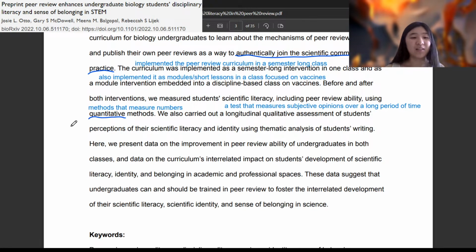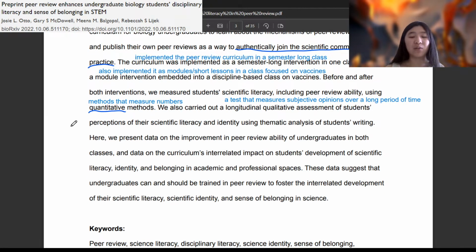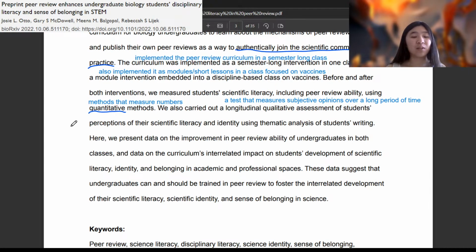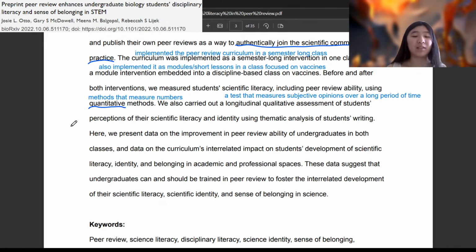So we also carried out a longitudinal qualitative assessment of students' perceptions of their scientific literacy and identity using thematic analysis of students' writing. So basically they told them to write a short essay on a theme, and then I'm guessing it was about themselves and their own perception, since that's what it says.